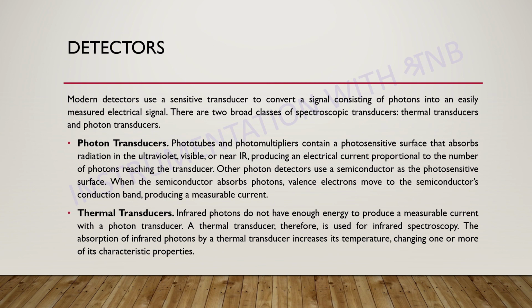There are two broad classes of spectroscopic transducers, thermal and photon. Photon transducers, phototubes and photomultipliers contain a photosensitive surface that absorbs radiation in the UV, visible or near IR region, producing an electrical current proportional to the number of photons reaching the transducer.